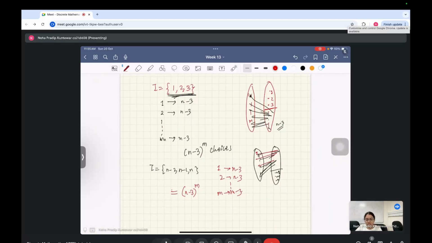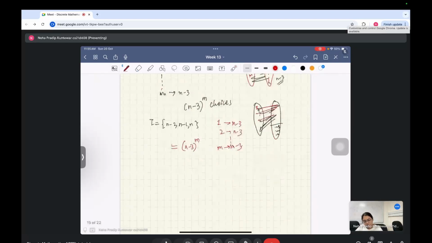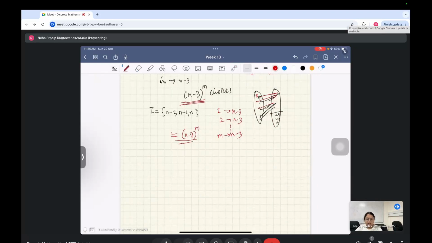So what is the conclusion? What is the observation here? The observation is that it does not matter which 3 elements I am excluding, as long as the size is the same. So this quantity only depends on the size of the set.